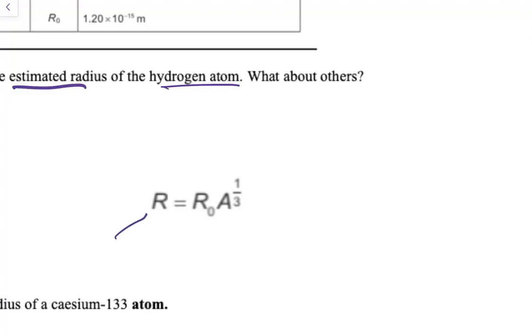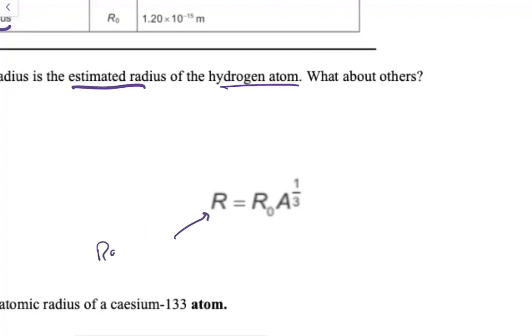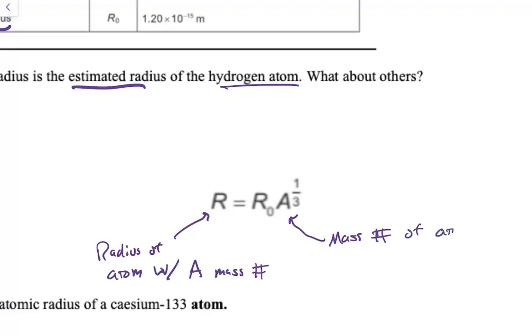So R is the radius of atom, like with a mass number. So let's say A is the mass number of atom. Remember, mass number is protons plus neutrons.